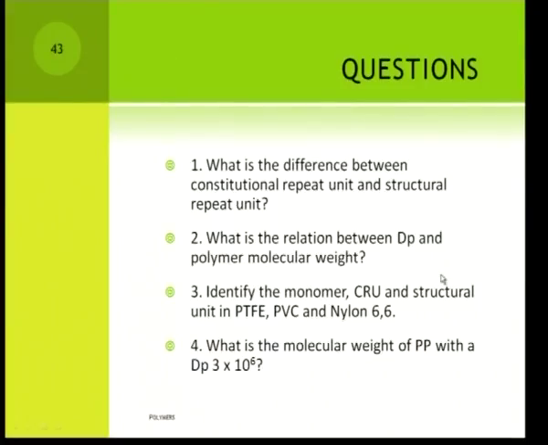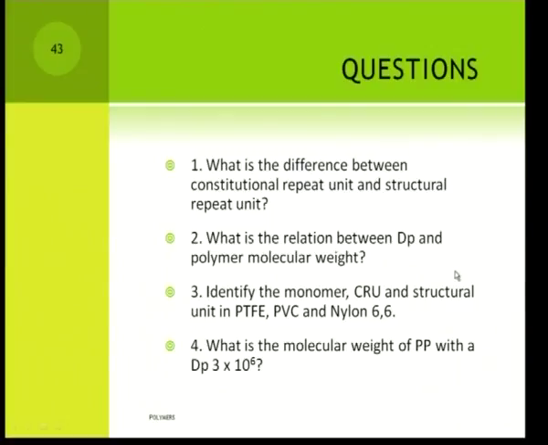What is the difference between constitutional repeat unit and structural unit? What is the relation between degree of polymerization and the polymer molecular weight? The formula that relates the dP value with the molecular weight of the polymer.